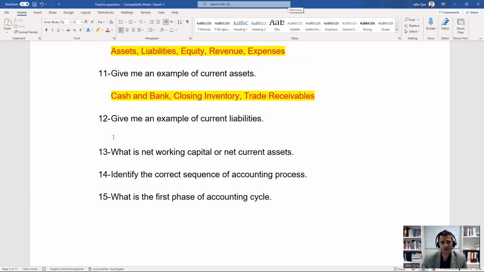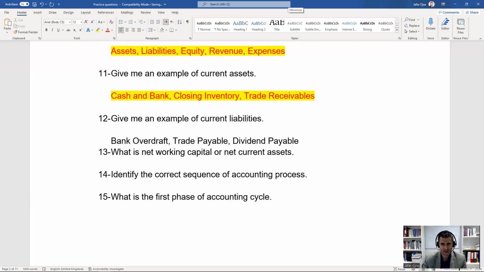Examples of current liabilities: bank overdraft, trade payables, and dividend payable if the business is listed and wants to pay dividends to the shareholders.